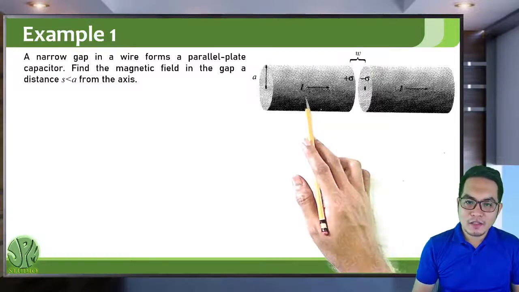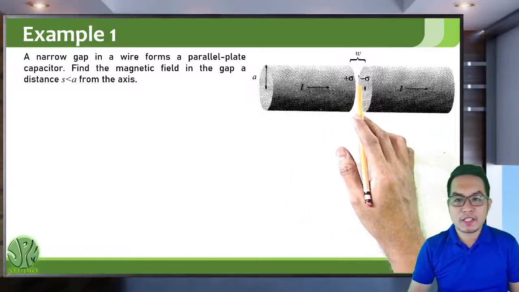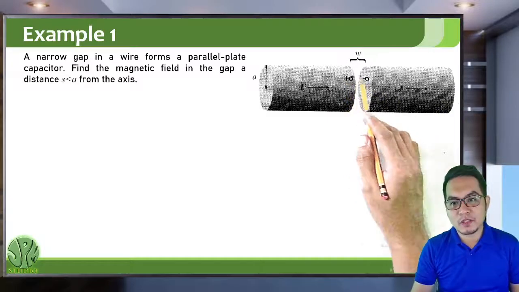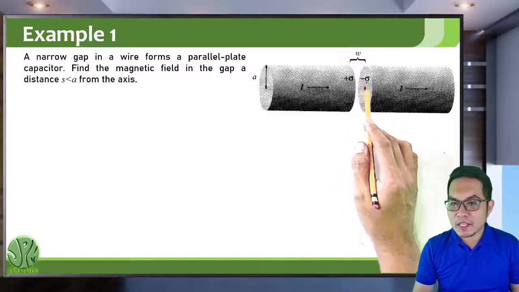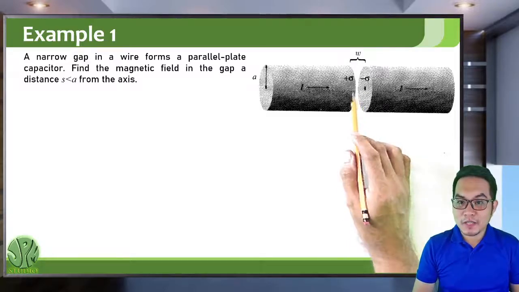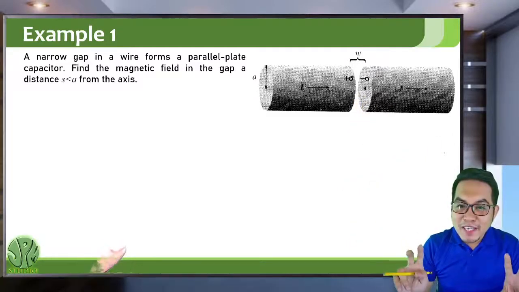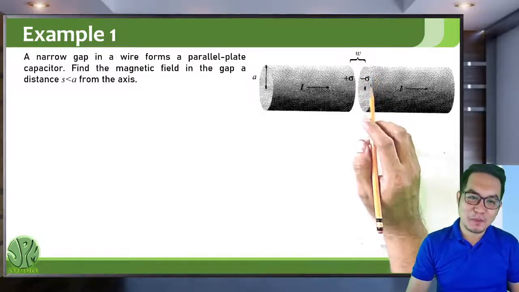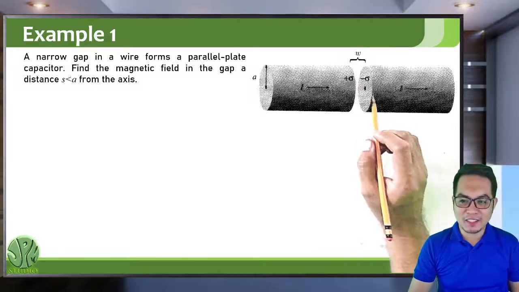Current actually flows because this is a capacitor. Even though there's a gap, there's a fictitious current flowing through the gap, and that is what we call the displacement current.